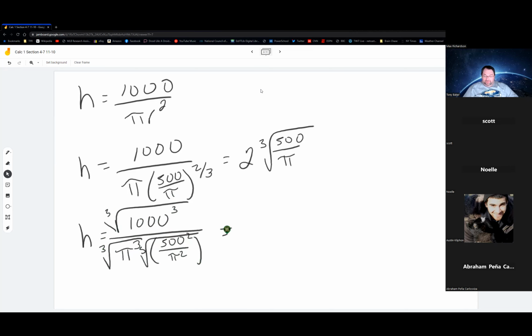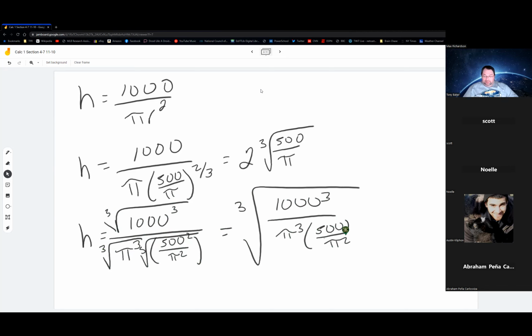So this way, everything's now under the cubed root. And then we can simplify this down to 2 times the cubed root of 500 over pi. So that's my height.